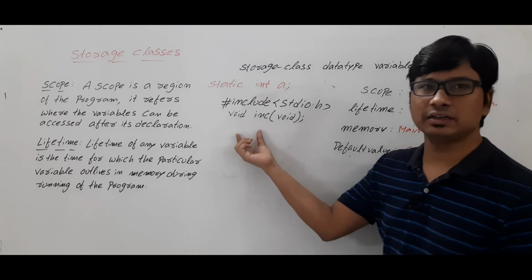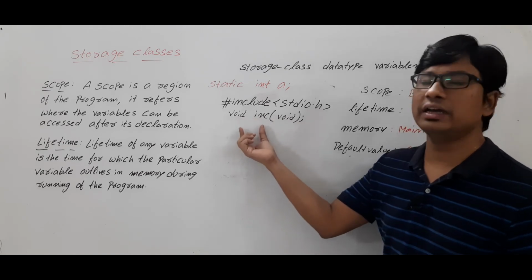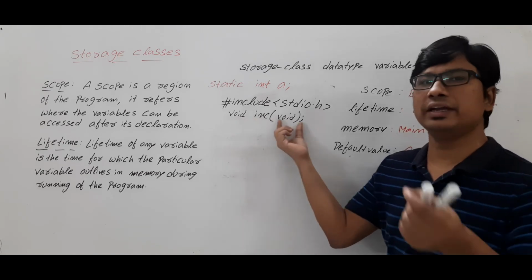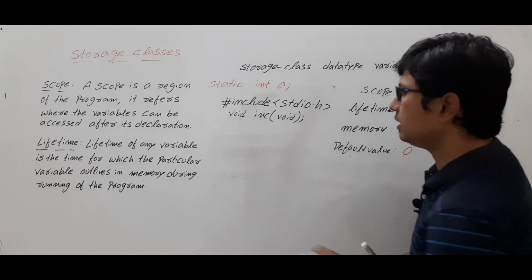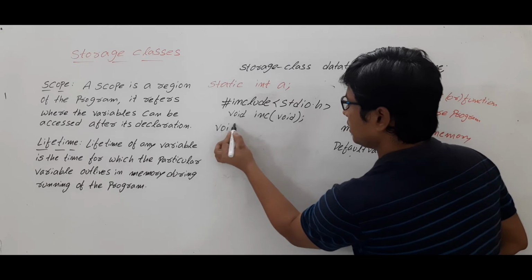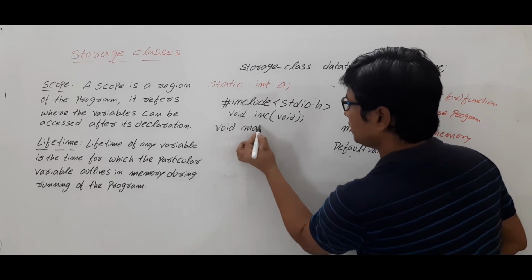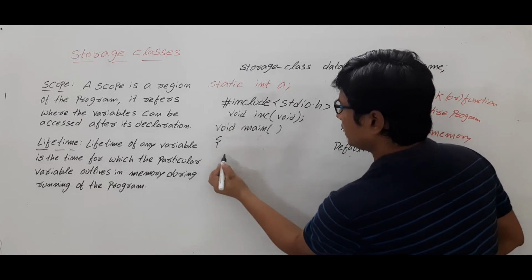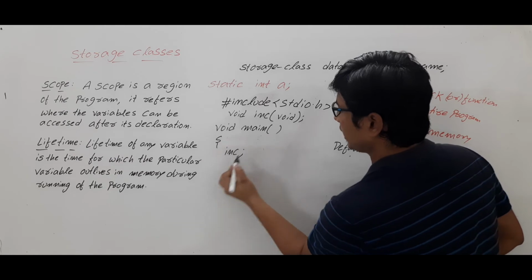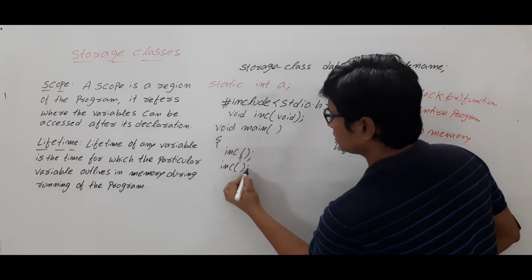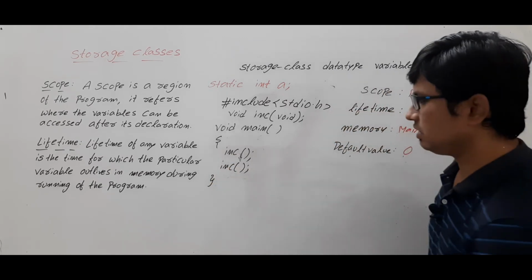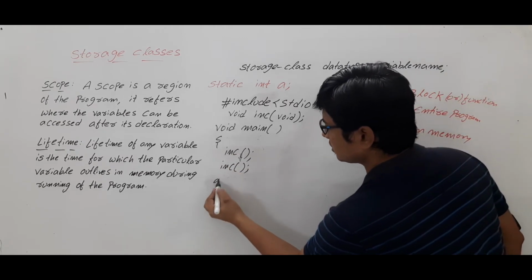So this function does not return any value and does not have any parameters, without arguments and without a return type. Then I have written void main. I have called the function inc like this. I am just calling the function, and there is a getch here.